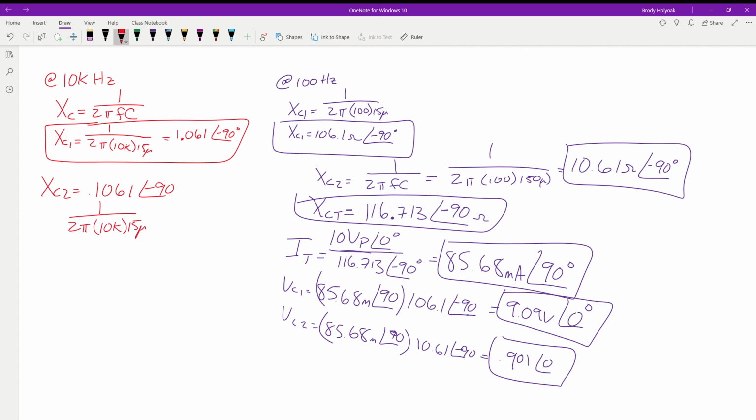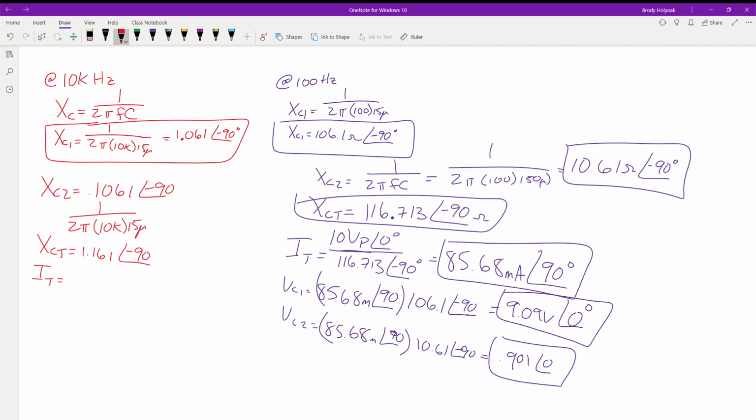What is our capacitive reactance total? 1.161. Yep, because we only have one there and we've got 0.1 there. Okay? At what angle? Negative 90.